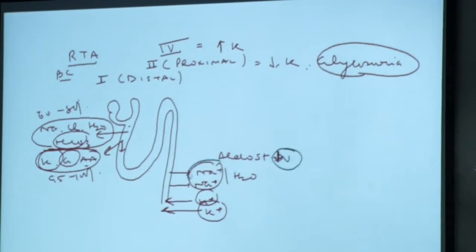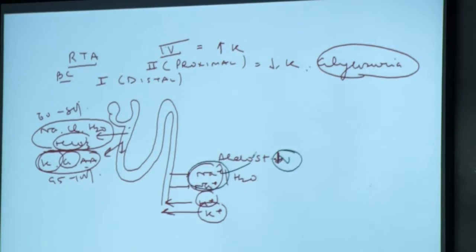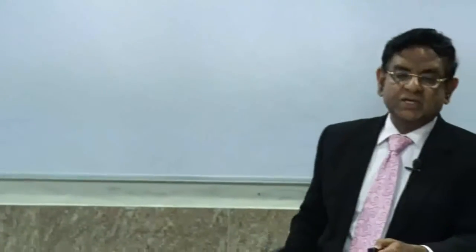So 2 sodium will be absorbed. 2 sodium have come in. What should go out? 1 H ion and 1 potassium. Here H ion says, sorry boss, I am not going out. He says, I am sleeping in the body. That means the defect is in H ion secretion.